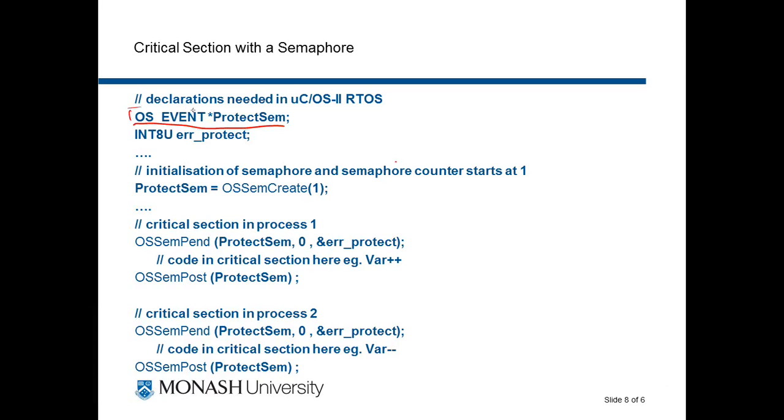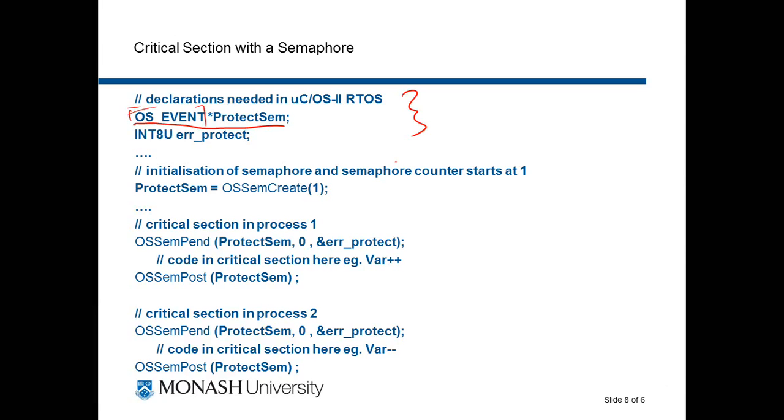We have some variable which allows us to check the error properties whenever we assign a semaphore. Not as critical as other checks. Note that when you declare a semaphore, it has to be a global variable, because multiple tasks are all going to share or try to access the same semaphore.